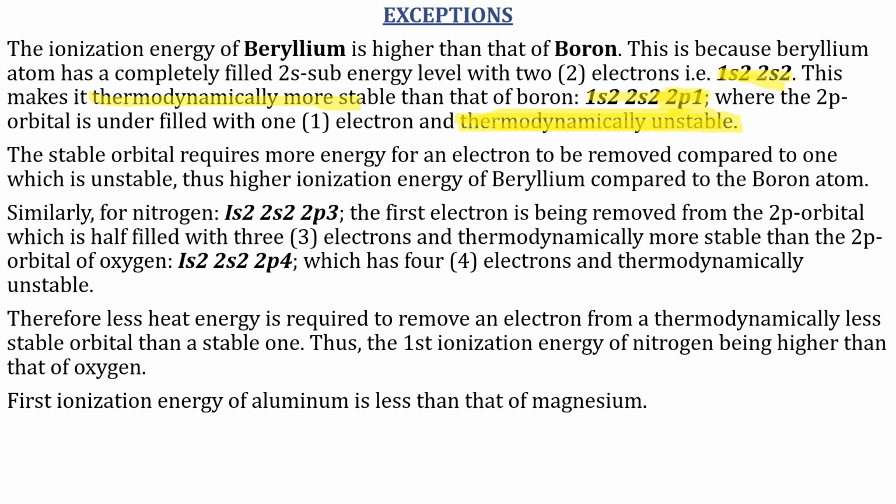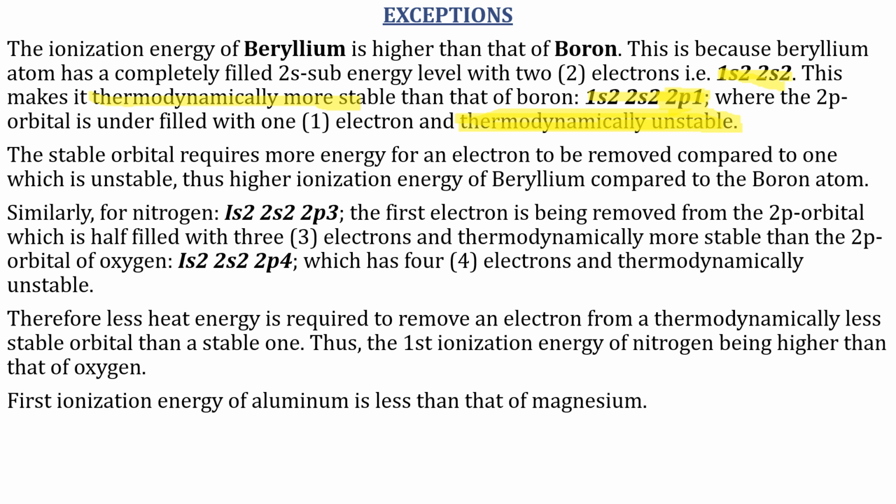Hence, we expect ionization energy in barium to be higher than that of boron. So proceeding, we are having the stable orbital. We are saying that the stable orbital will require more energy for an electron to be removed compared to one which is unstable. Thus, higher ionization energy of barium compared to that of boron.